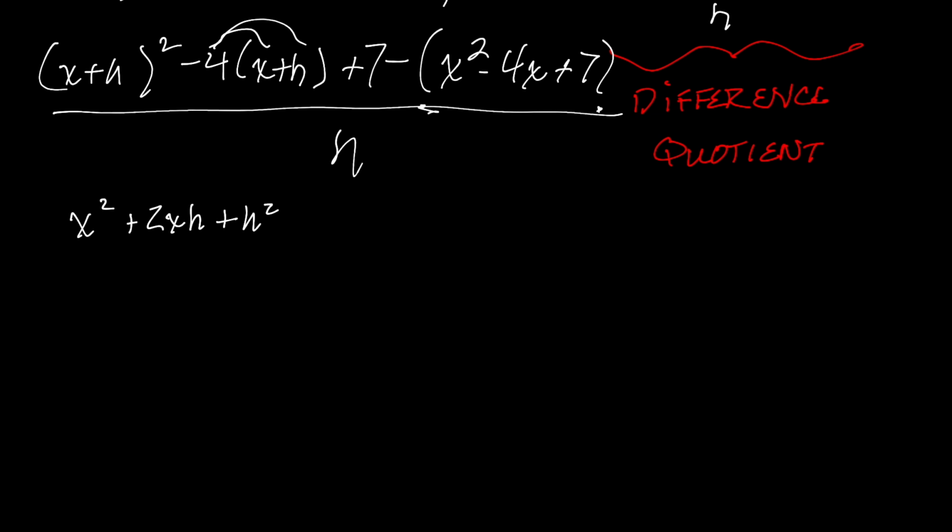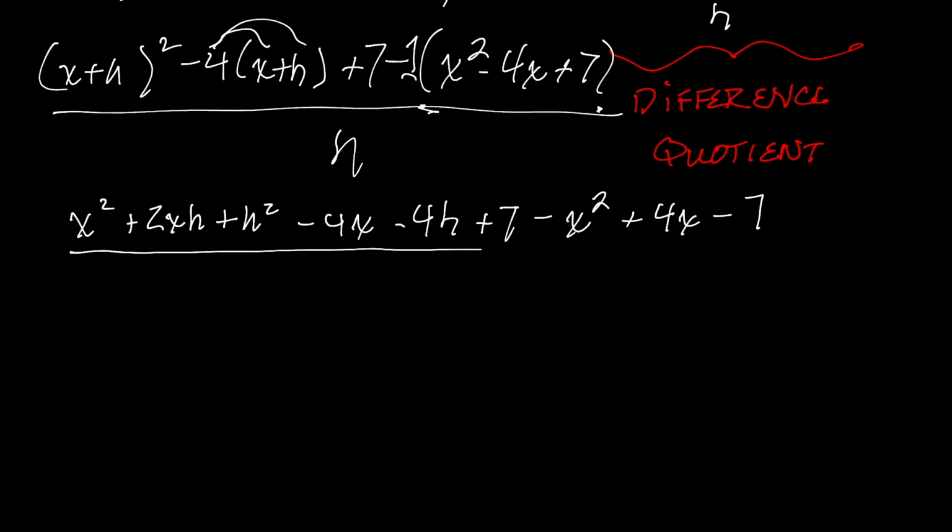Distribute here, minus 4x minus 4h plus 7. And then I'm going to distribute this negative 1. So minus x squared plus 4x minus 7. And that is still all over h.